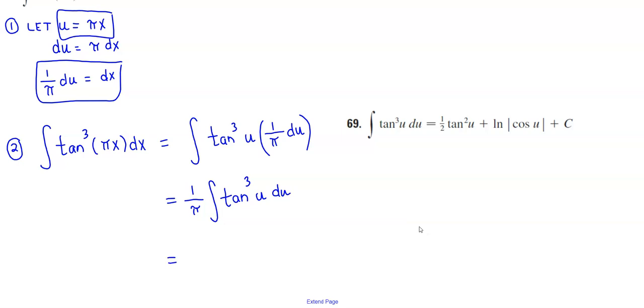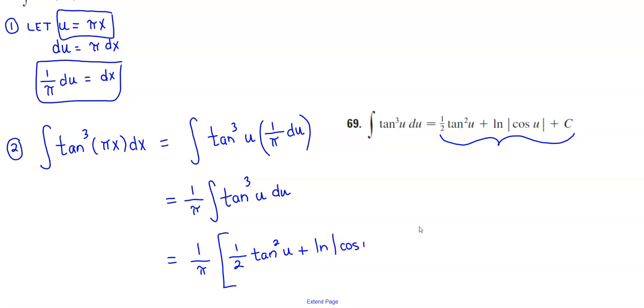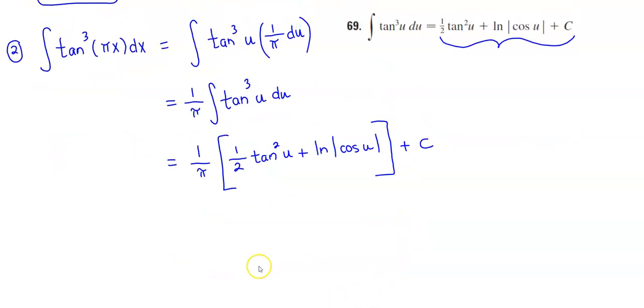We have 1 over pi, and then we're going to multiply that by this and replace, so that becomes 1/2 tangent squared u plus the natural log of the absolute value of the cosine of u, and then that's plus c.